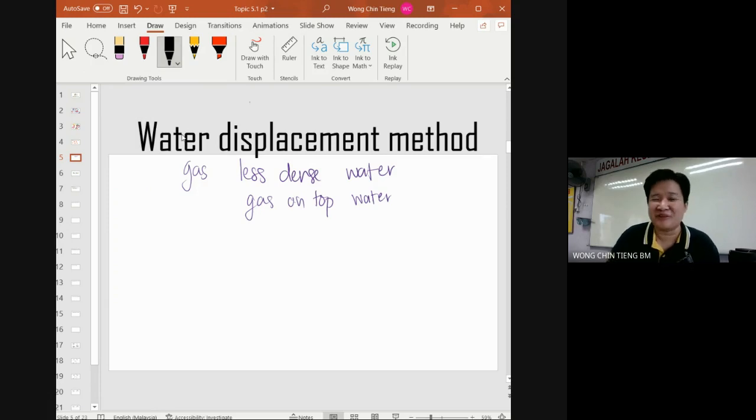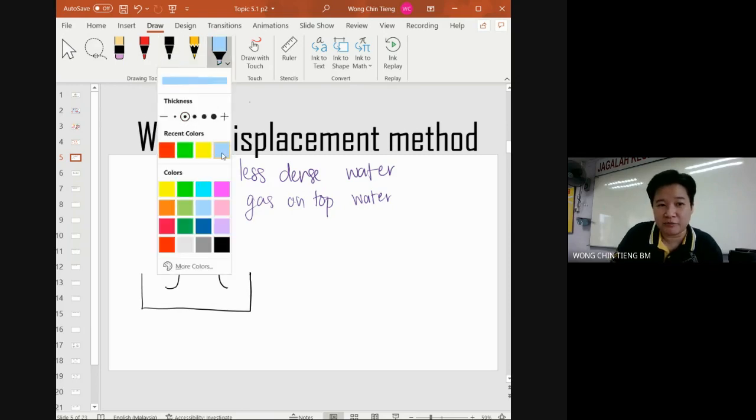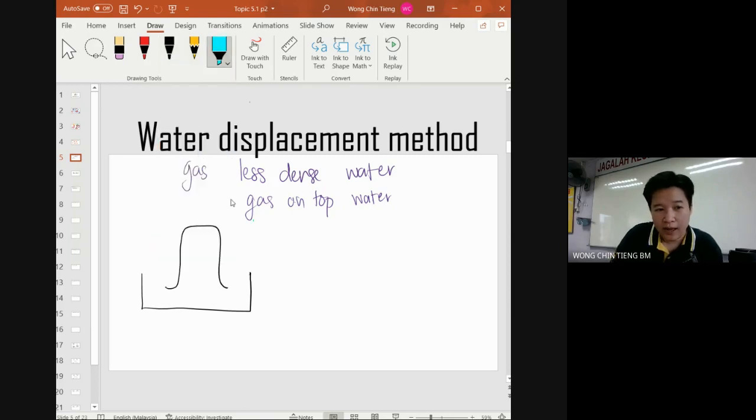Betul tak? So, what happened in the water displacement method is, malas nak ajar banyak, malas nak lukis banyak. So, I have a beaker. I started off the experiment with water where the water just enough to cover the surface. Yang warna biru semua adalah air. Okay. Then I started the experiment with this thing is full with water.